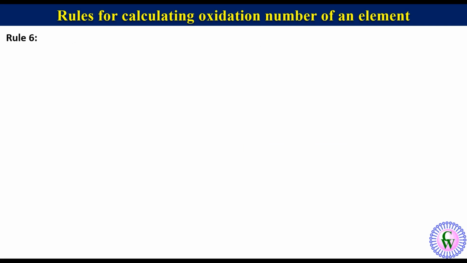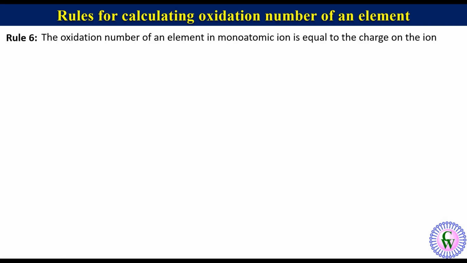Rule number 6. This rule is regarding oxidation number of an element in monoatomic ion. The oxidation number of an element in monoatomic ion is equal to the charge on the ion. Suppose we have two ions A^n+ and B^m-. Then the oxidation number of element A and B in these ions will respectively be +n and -m.